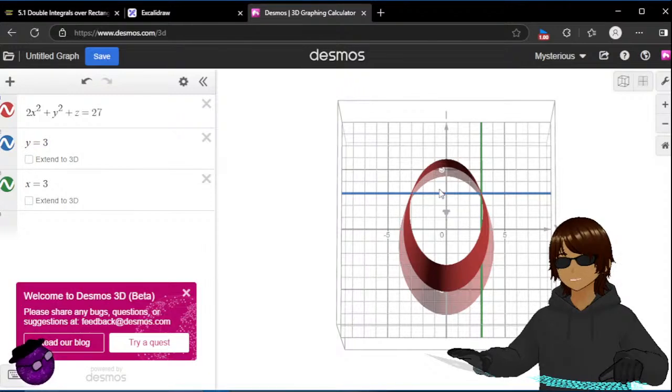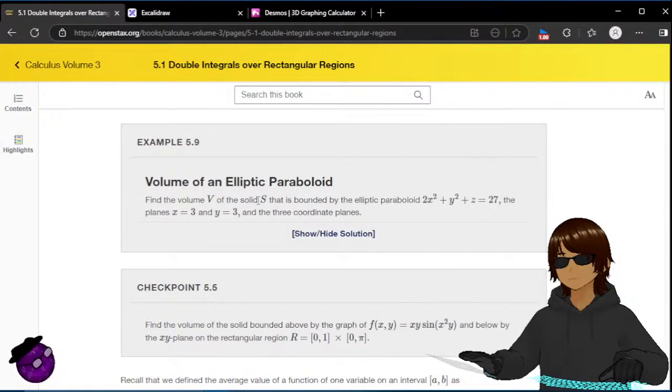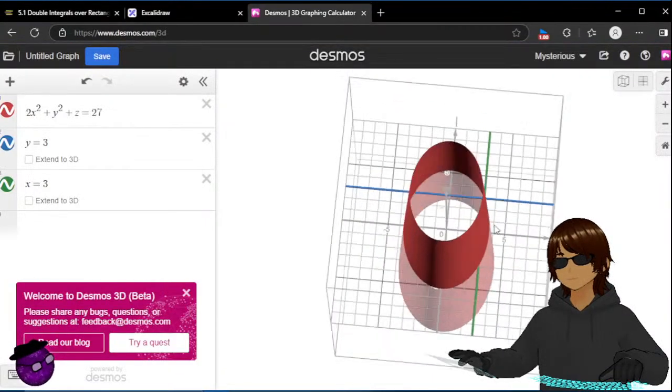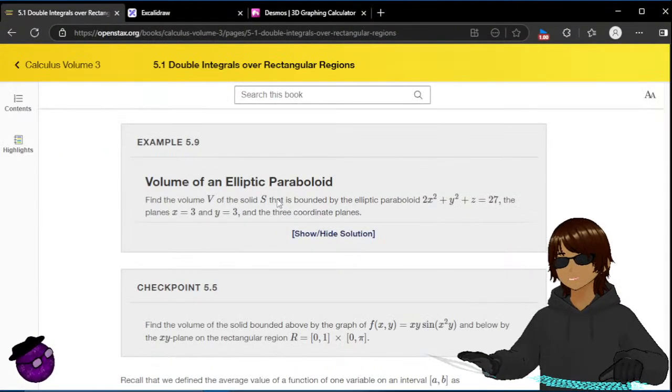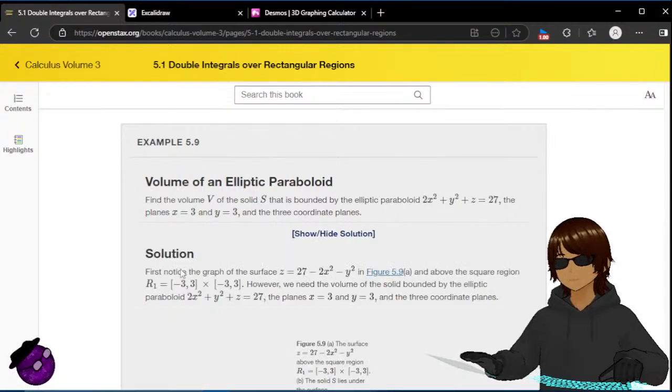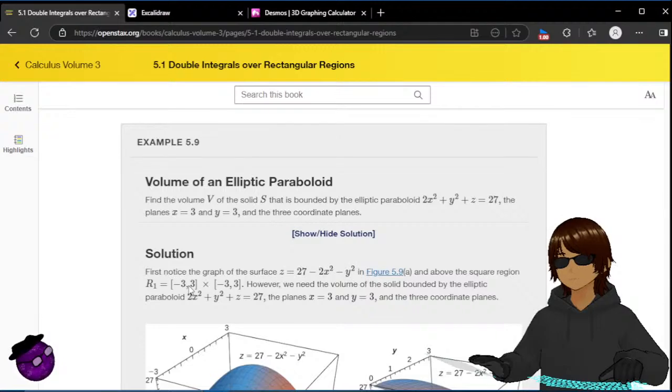Okay, so this region x equals 3, y equals 3, bounded by the elliptic paraboloid, and the planes x equals 3 and y equals 3, and the three coordinate planes. So what's the region R here? R is negative 3 to 3 and negative 3 to 3.